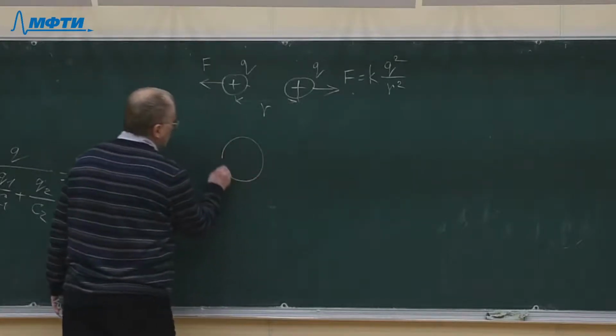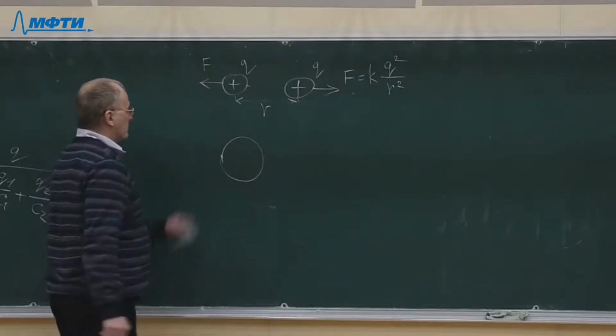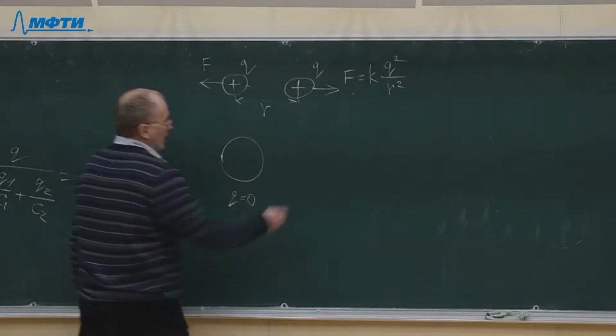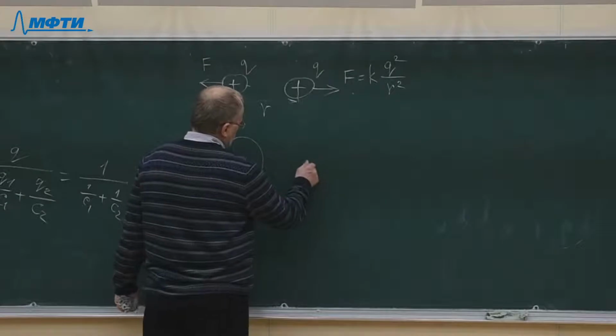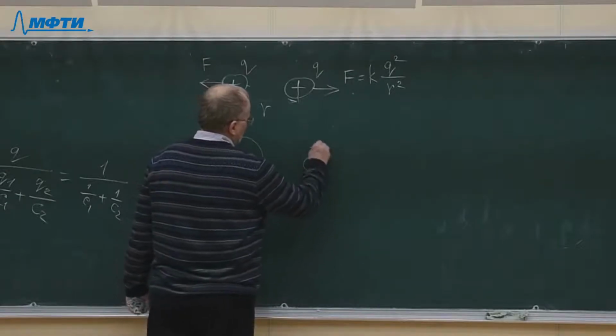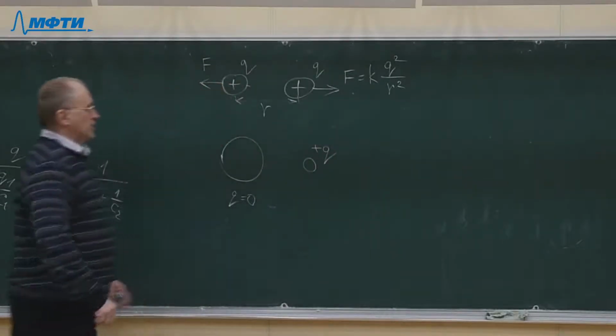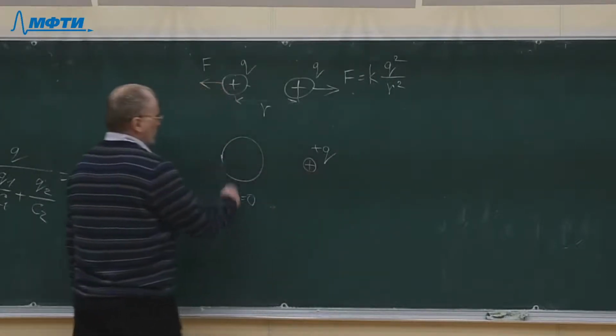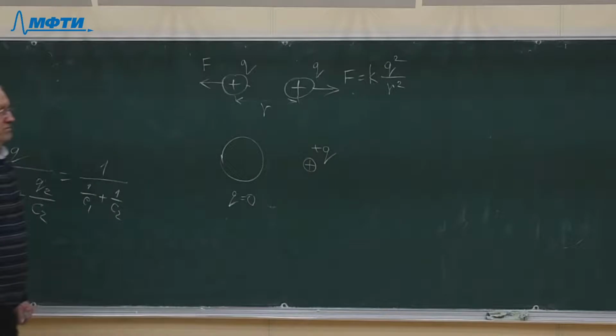a non-charged metal sphere. So initially its charge is 0. And another sphere, well, I will put it here like positively charged. This is a positive charge, and here the charge is 0. What will happen in this case?